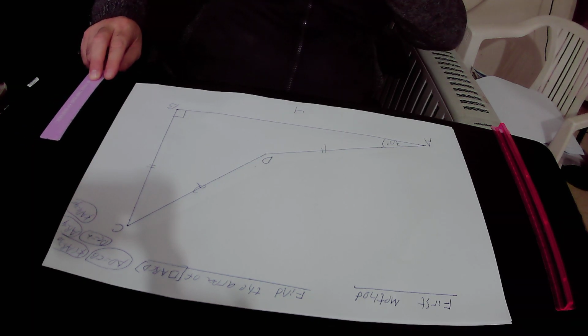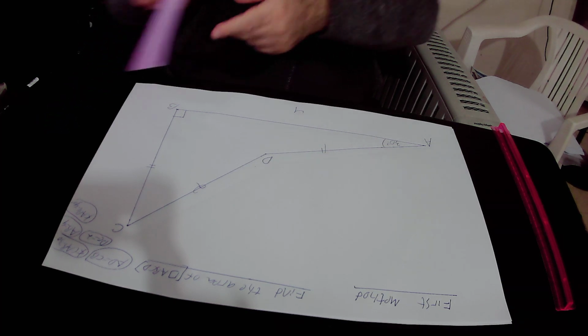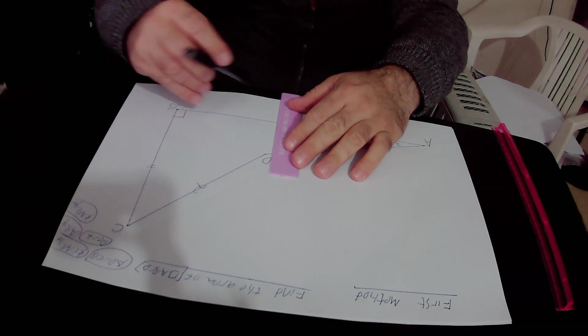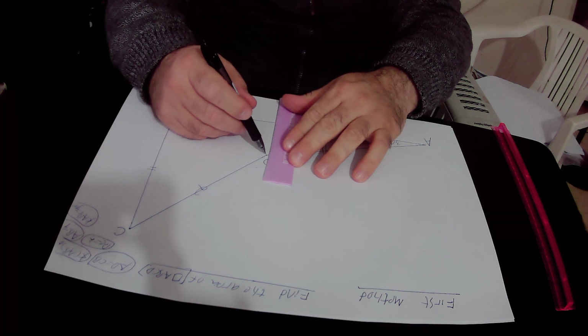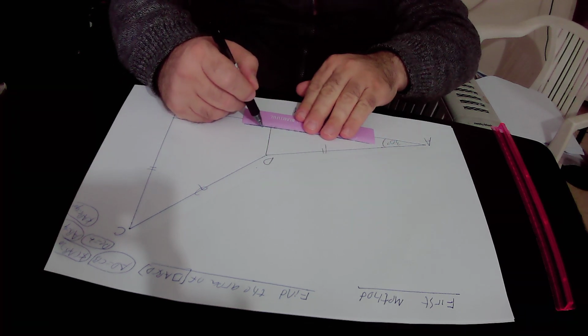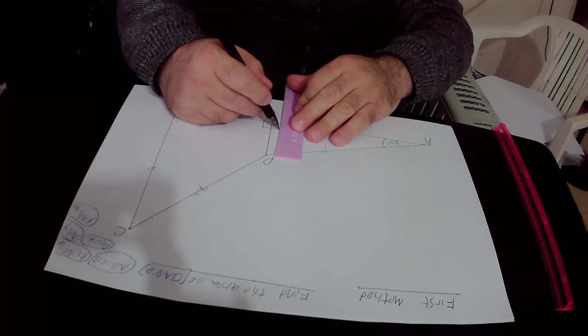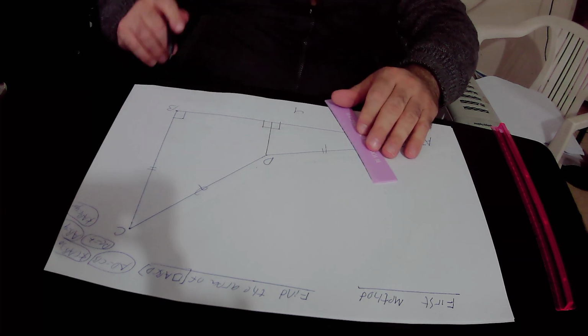We will draw a perpendicular to AB. So this angle will be equal to 90 degrees and this angle will also be equal to 90 degrees.